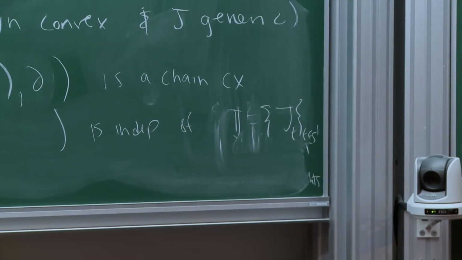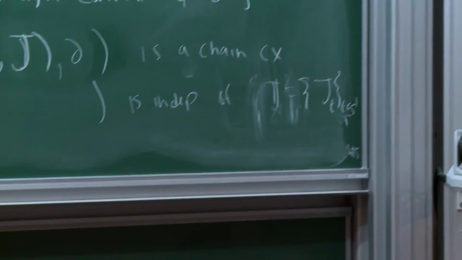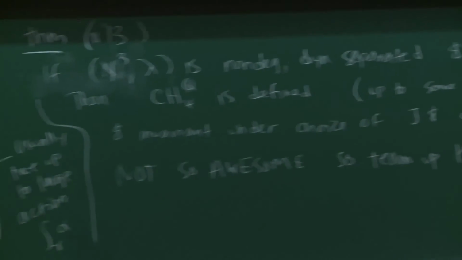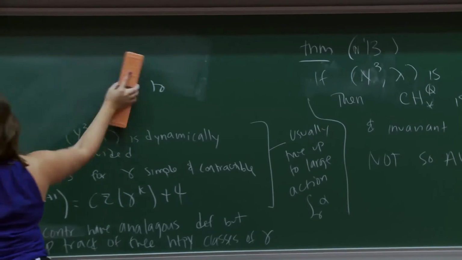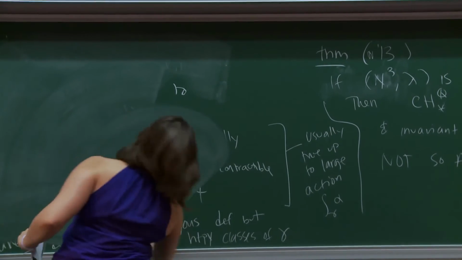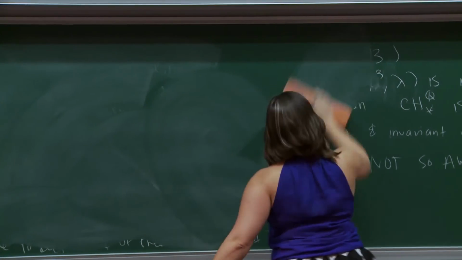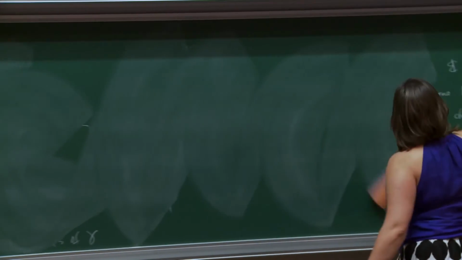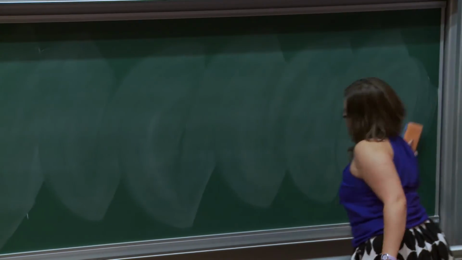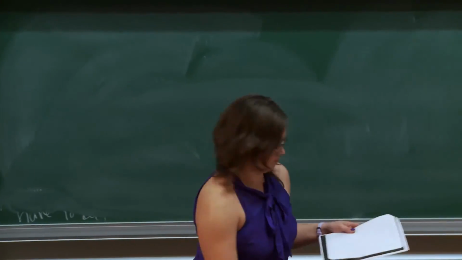And let me tell you how to relate this back to cylindrical contact homology in a way that will make everyone much happier than they are now. And then I will be done. Okay.